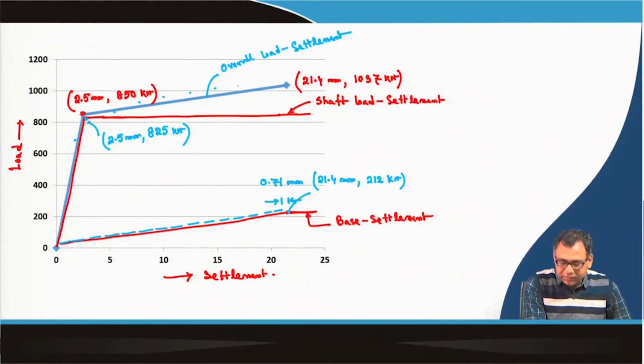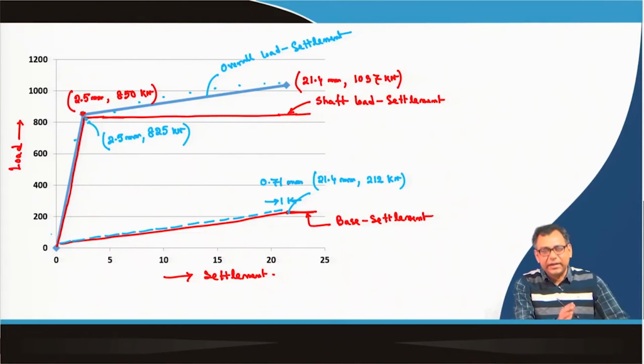Okay. So, this may be the actual behavior, which is not exactly this bilinear type of deformation pattern, but by this simplified approach, we can approximately obtain the load settlement curve of a pile by using theoretical approach.